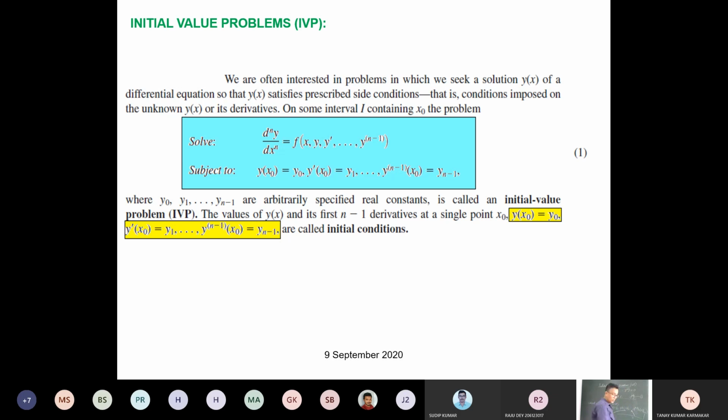So now I'm going to take you over to a first order differential equation, which is going to constitute an initial value problem, and that is going to be pretty straightforward.